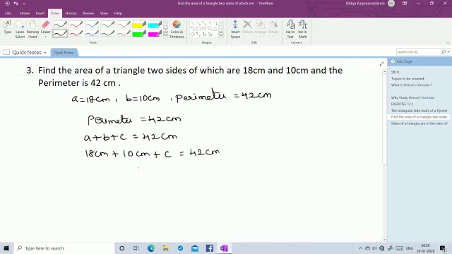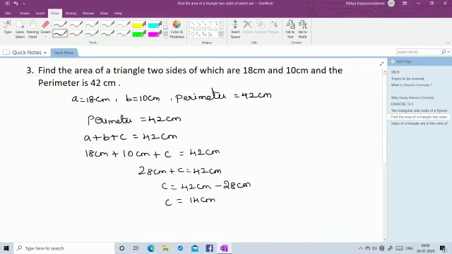So 18 plus 10 is 28 centimeter plus C is equal to 42 centimeter. So C is equal to 42 centimeter minus 28 centimeter, so C is equal to 14 centimeter. So we got the third side as 14 centimeter.